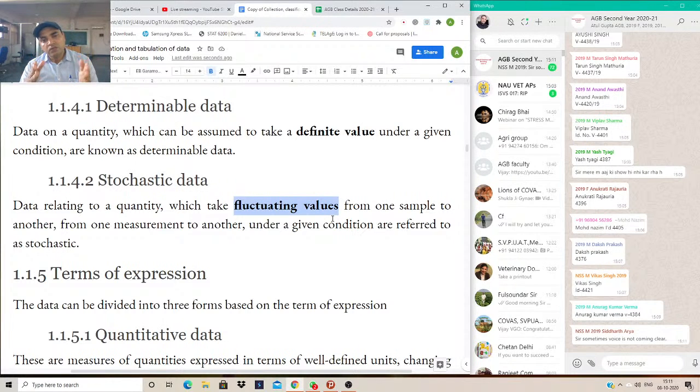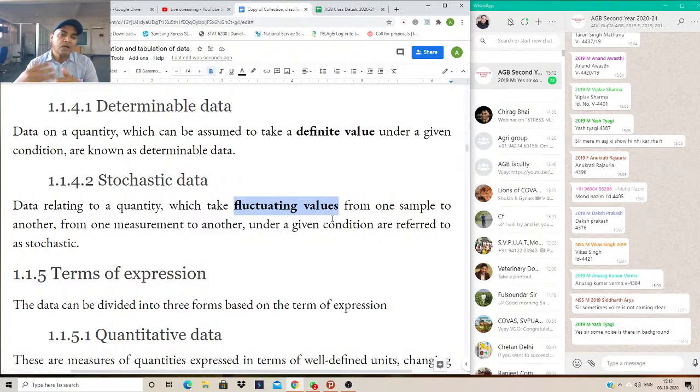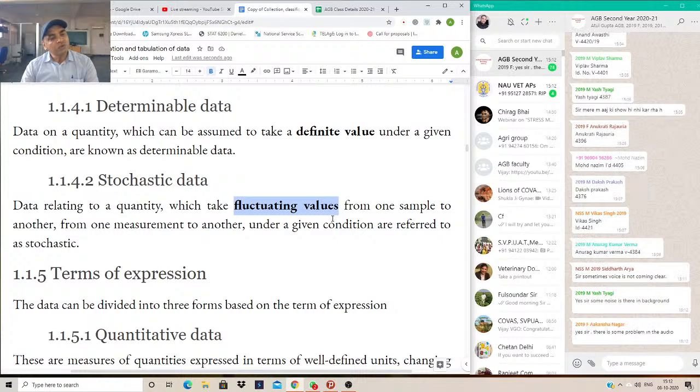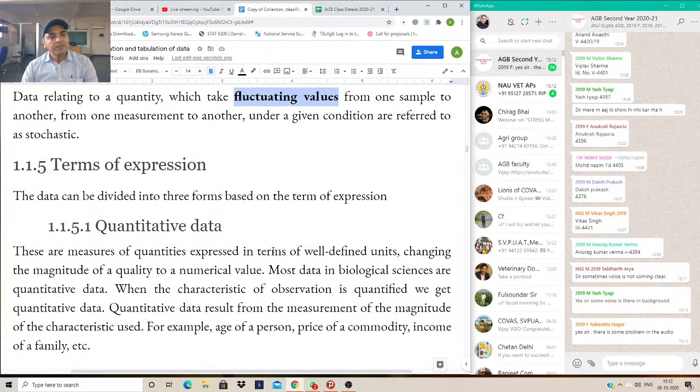When you measure values like height, for example, from one individual to another, it will vary from one individual to another as well as from one sample to another in a population. Such type of data is known as stochastic. Now, data can also be divided on the basis of the terms of expression.